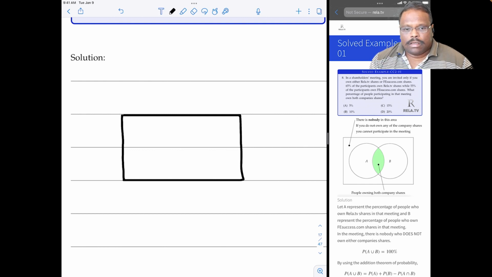An event is something which we conduct an experiment on, or a specific part of that sample space.